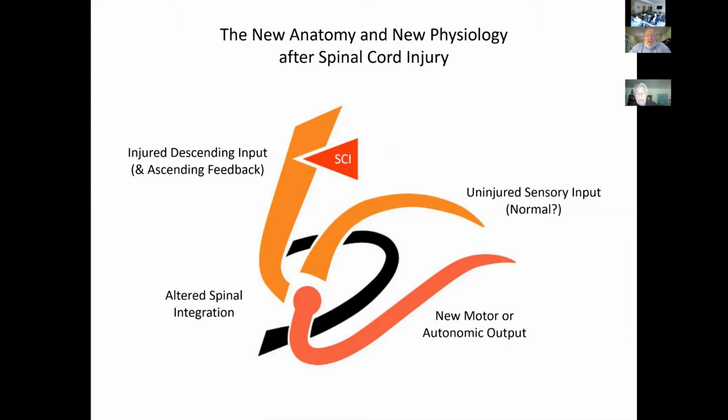Between altered descending input, perhaps changed sensory input, and altered spinal integration, we will likely have a new motor output or autonomic output. And we already know this clinically because we have both decreased movement, but the addition of spasticity, and we have decreased sensation, but the perception of neuropathic pain. And we have autonomic dysreflexia as an altered autonomic output as well.